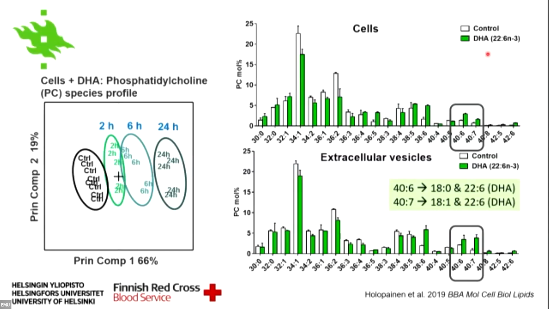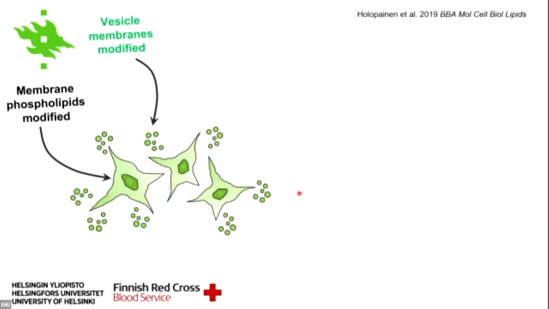You might think, well, it looks small, but you need to think that not all lipids or fatty acids are equal. We can't have this many DHAs in our cell membrane, because it increases the fluidity of the membrane, and then the membranes would just break. So what we confirmed here is that we can modify the membranes of the cells and the EVs.